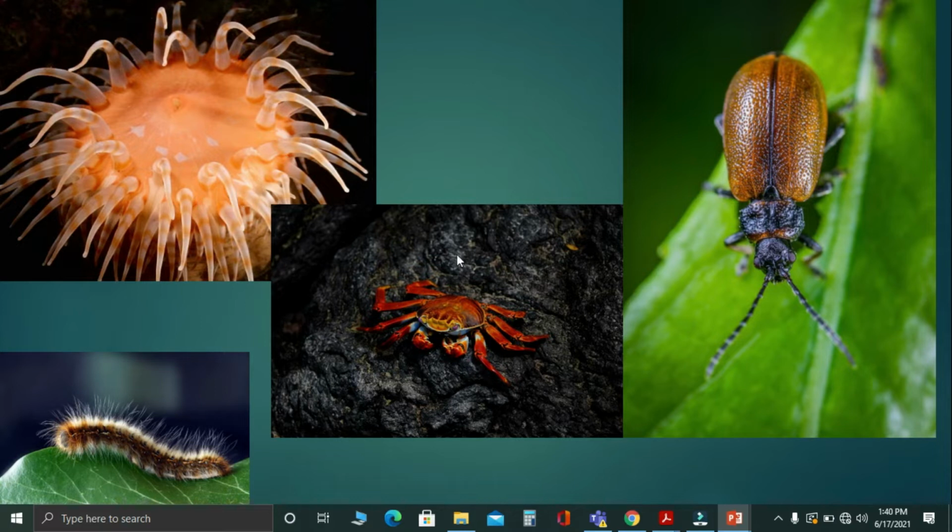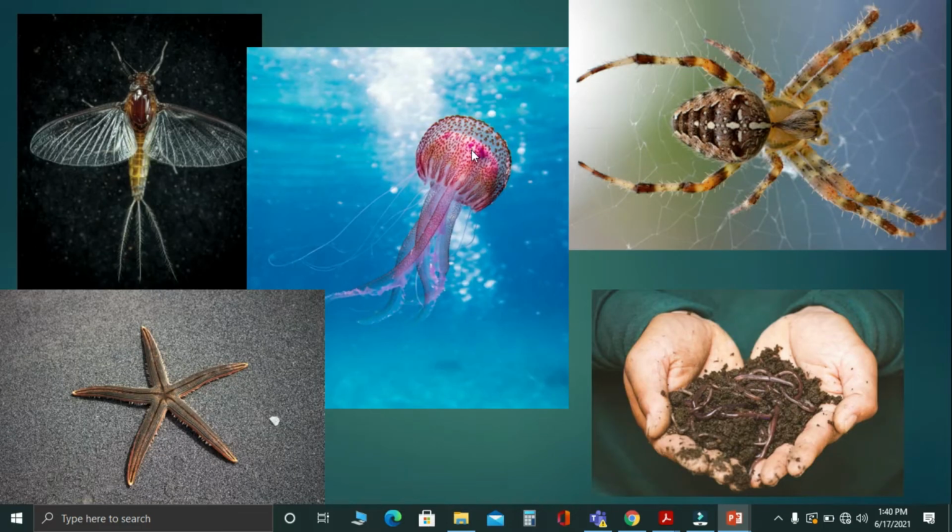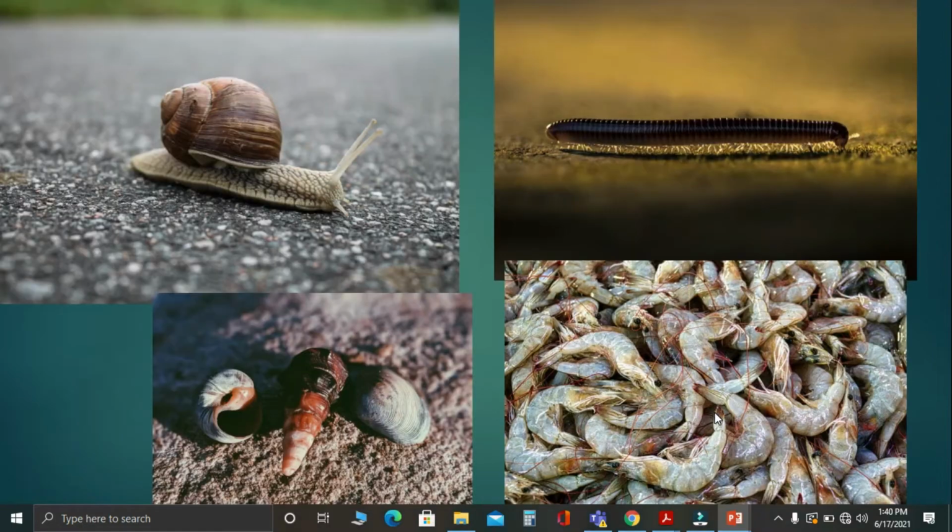Sea anemone, crab, insects, caterpillar, jellyfish, starfish. There is another insect, this one called spider, earthworm, snail, centipede, prawn, bivalves.